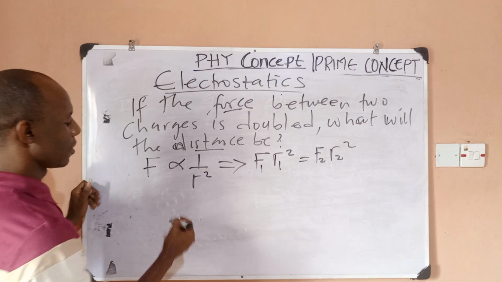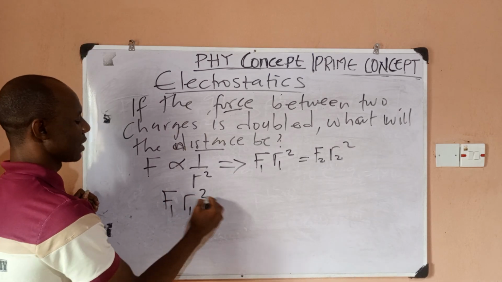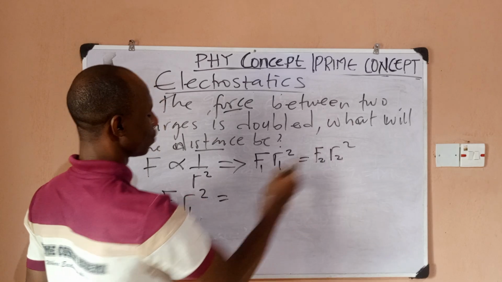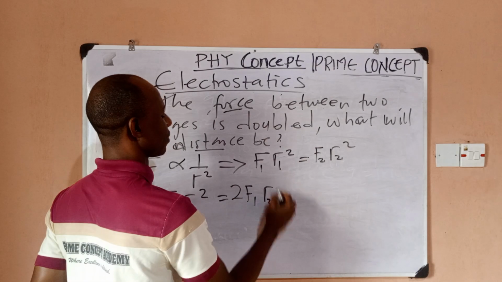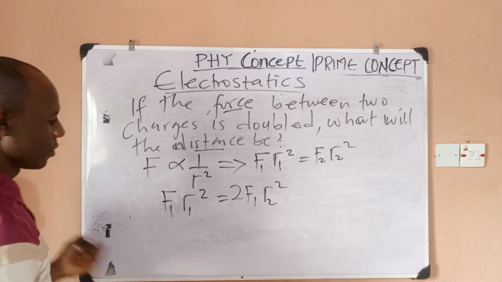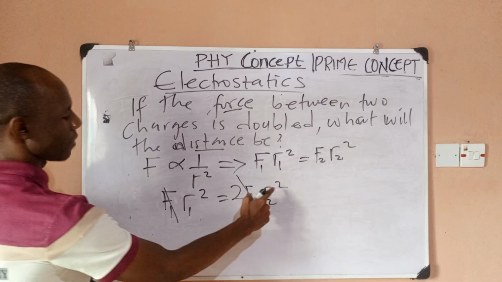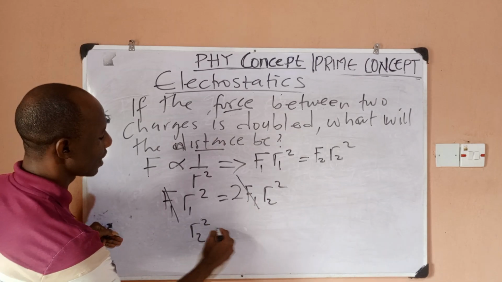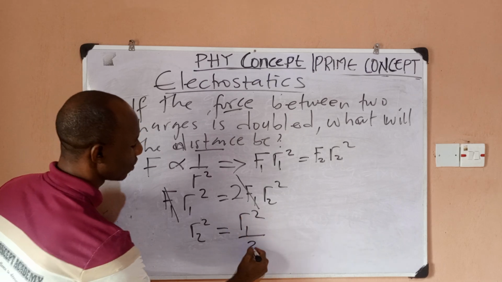So if I solve, I would have F1 with initial distance R1, and then they say if the force F2 is double, that is to say F2 is 2 times F1, then what will the distance R2 be? So simple, you would see clearly that F would cancel F. So if I make R2 the subject, I would have that R2 squared is going to give me R1 squared divided by 2.